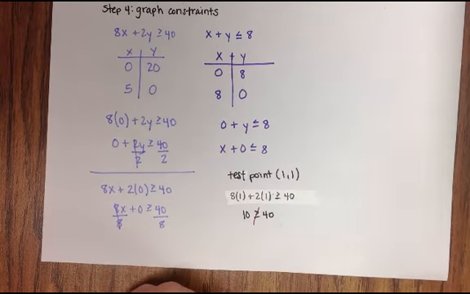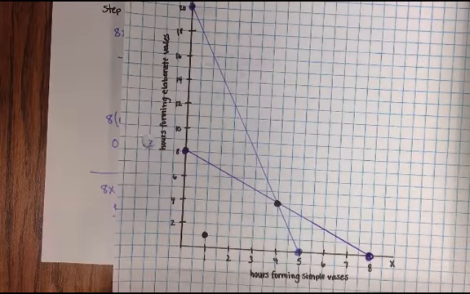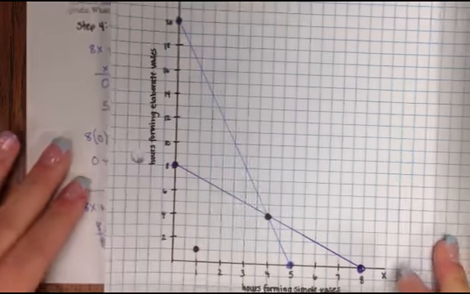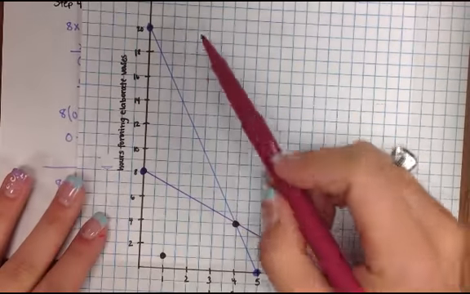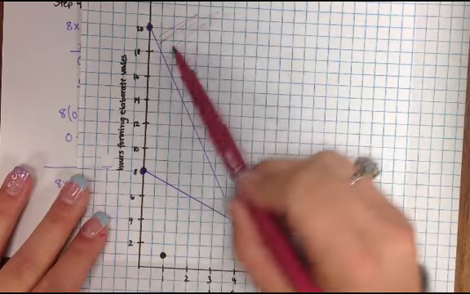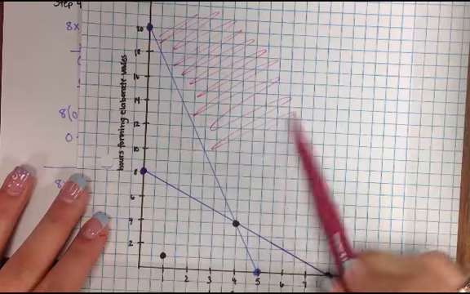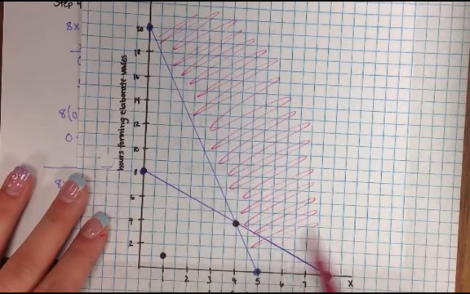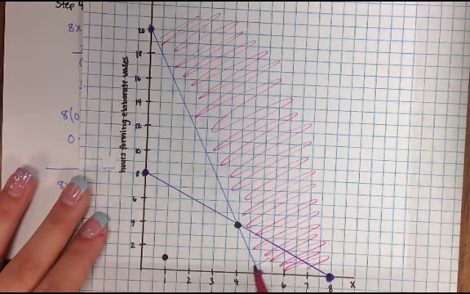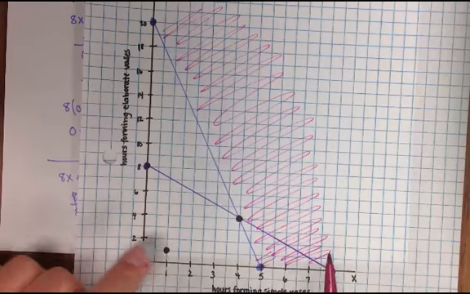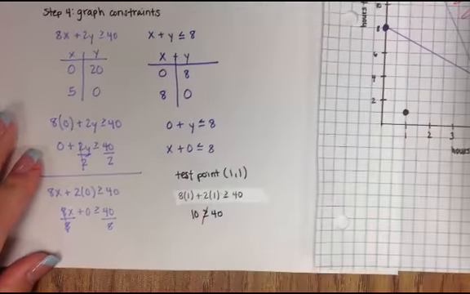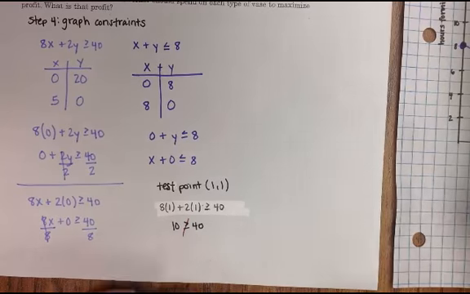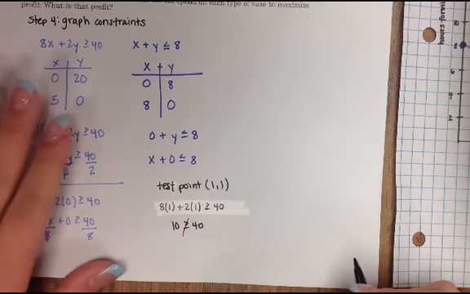So on our graph, we're going to shade the region above our inequality represented by 8x plus 2y. So we will shade this area above, because we've shown that it wasn't true for the point 1, 1. Now we need to test our other constraint. So our other constraint was x plus y is less than or equal to 8.